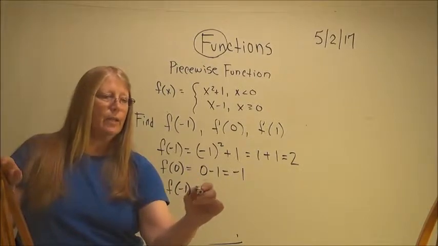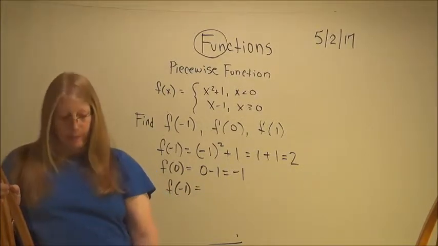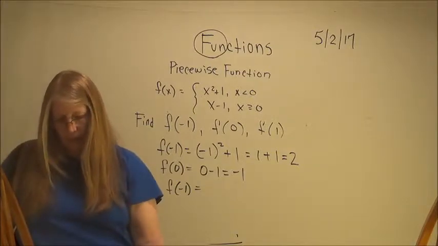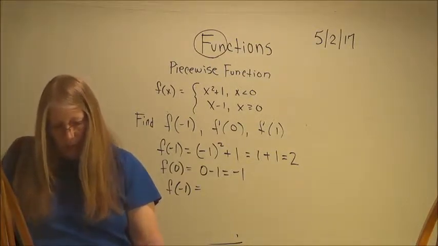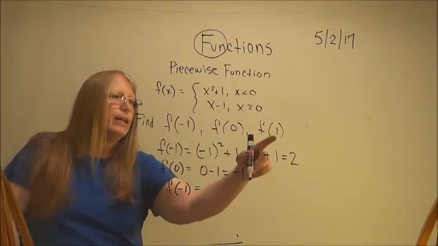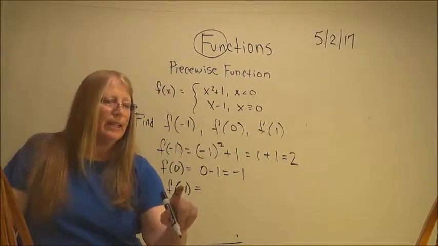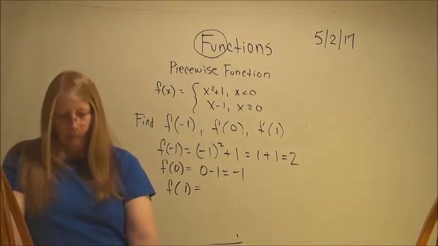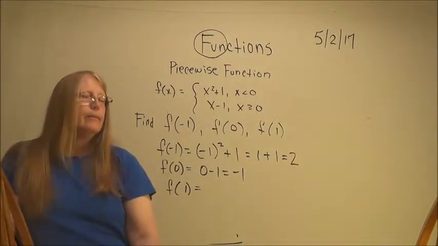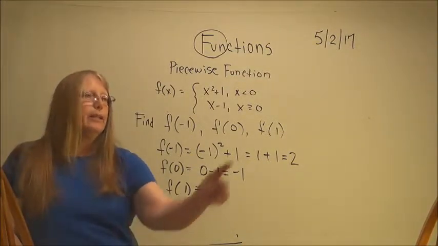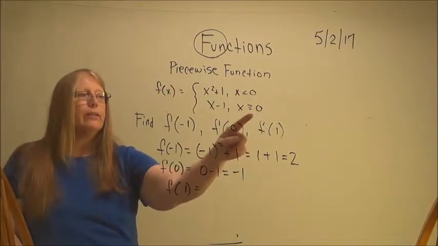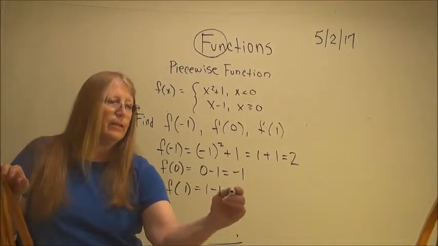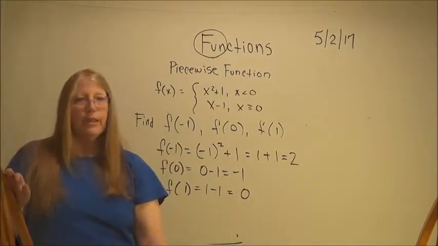Now f of 1, see if you can do that one. You find that 1 is in the piece where x is greater than or equal to 0, so I'm going to use that piece. And I get a 0.